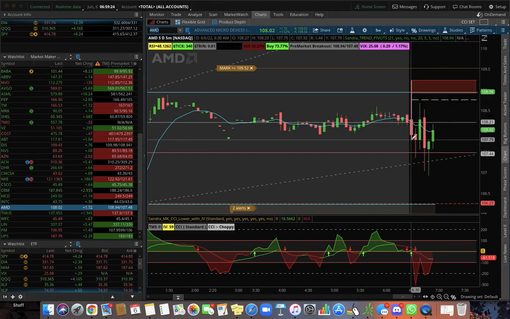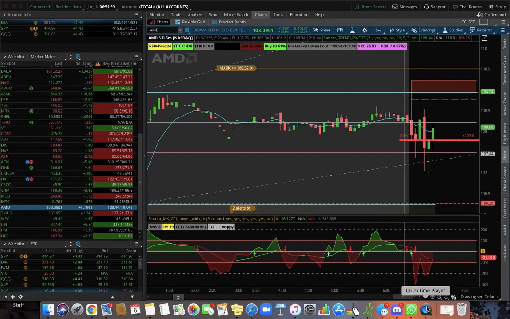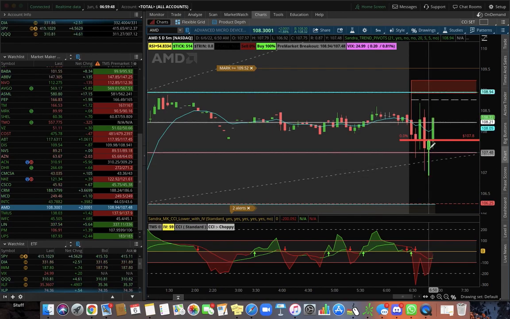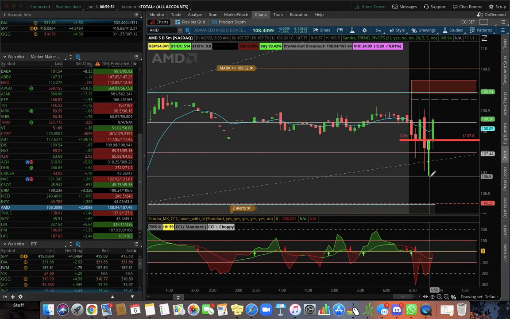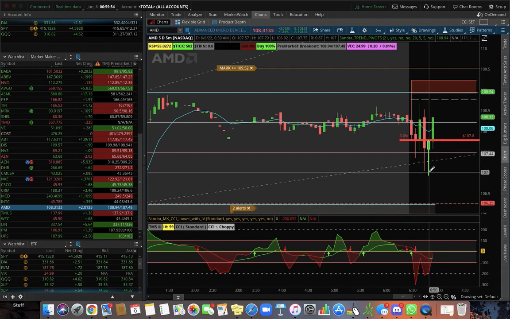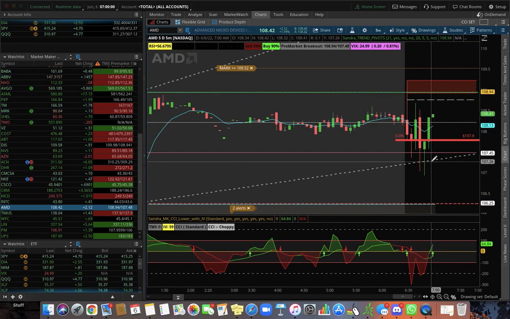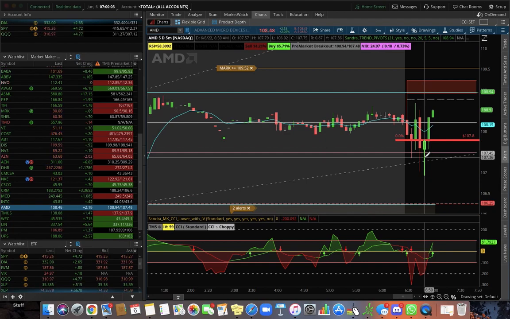Well, yeah, when you take an ORB play on a 5 minute chart, you would have taken it right here, and so you would have gone from 107.80, and I don't know if you would have been able to sell during this wick, but if you did, you went to 106.93. You probably would have sold somewhere in the middle here. So, it's not too much. You're talking about 50 cents.